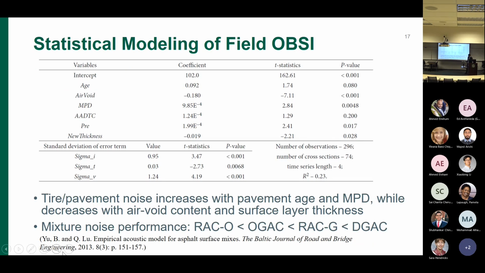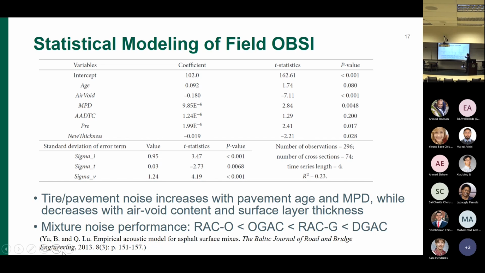With that, the results show that the tire-pavement noise increases with the pavement age and with the pavement macrotexture, which is the mean profile depth. Also the noise decreases with air void content in the pavement surface mix and also the surface layer thickness.